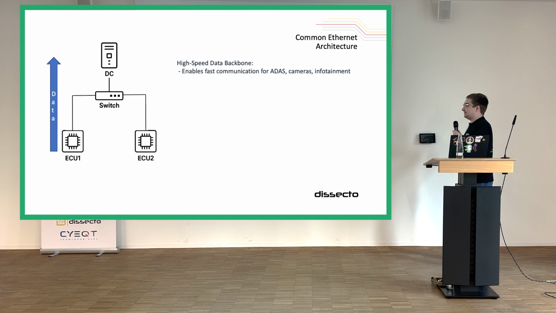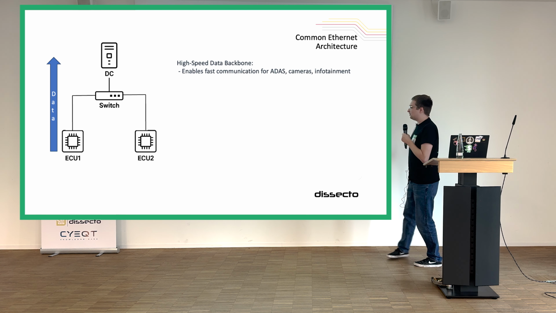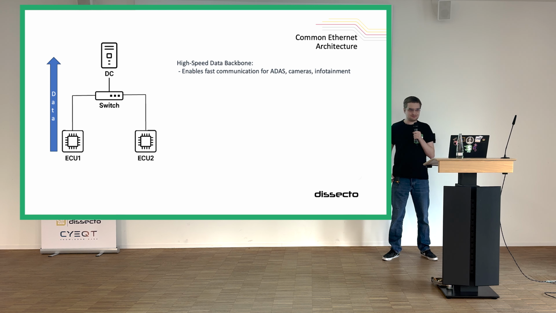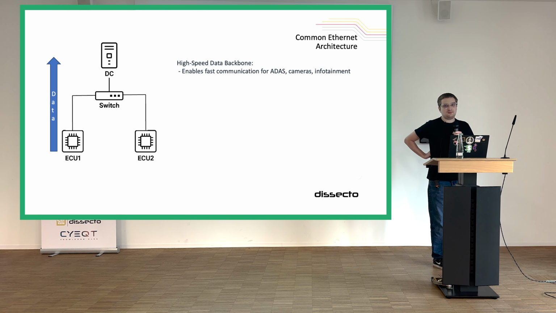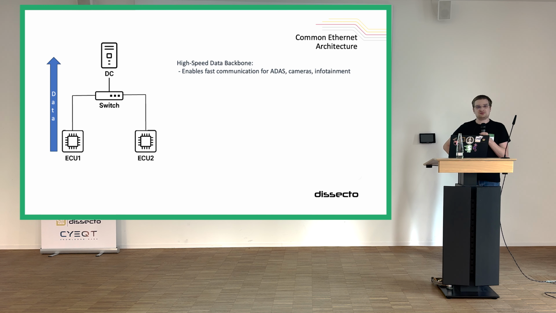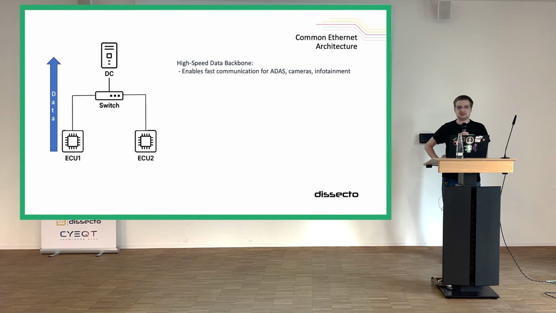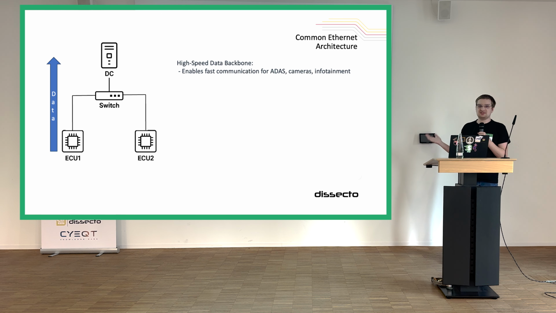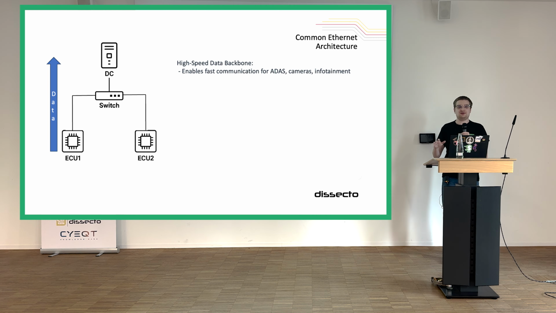Here, a quick, very generalized overview of how Ethernet in the car works. With the change to Ethernet in the car, we also get more and more high-performance ECUs or domain controllers, however you call them.